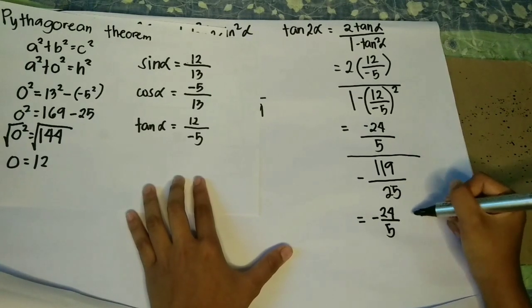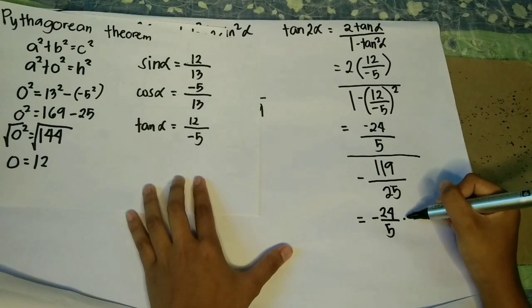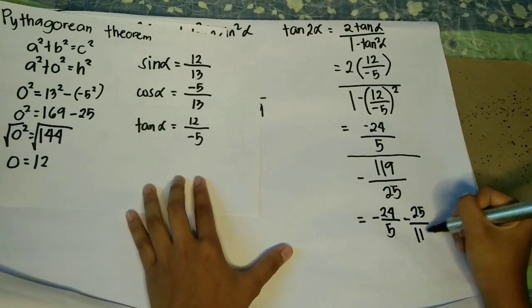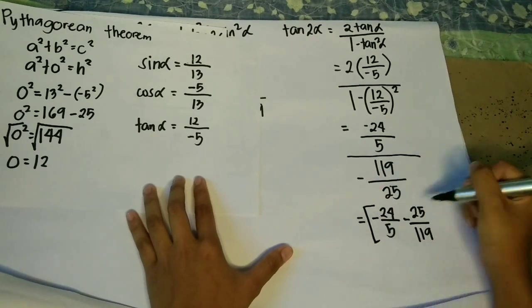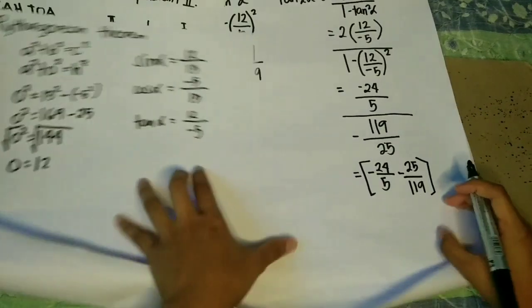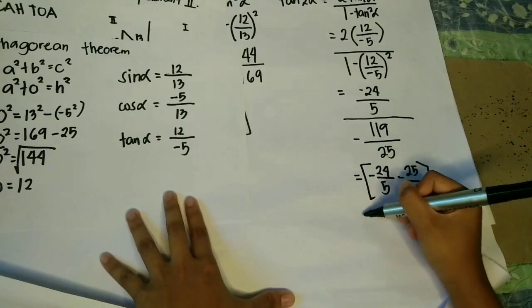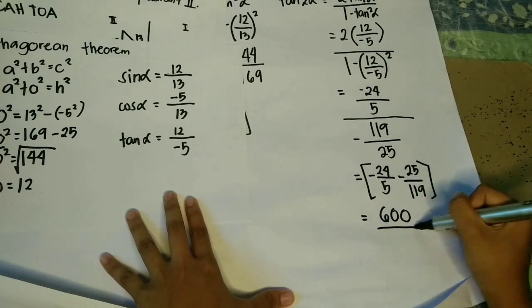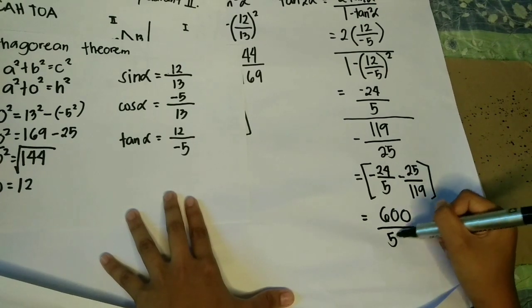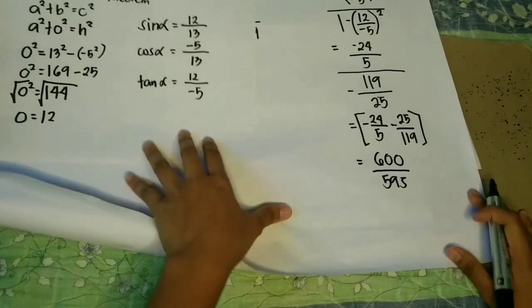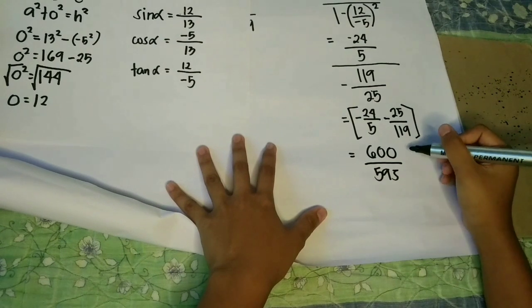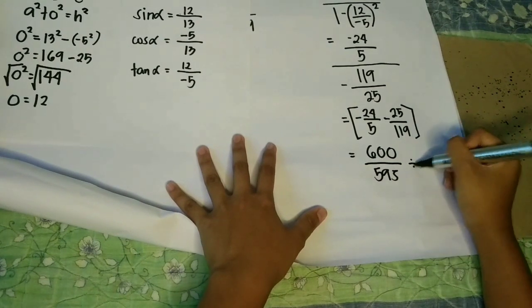So we need to reciprocal the 25 over negative 119. So it will be negative 24 times 25 is equal to negative 600, and 5 times negative 119 is equal to negative 595.